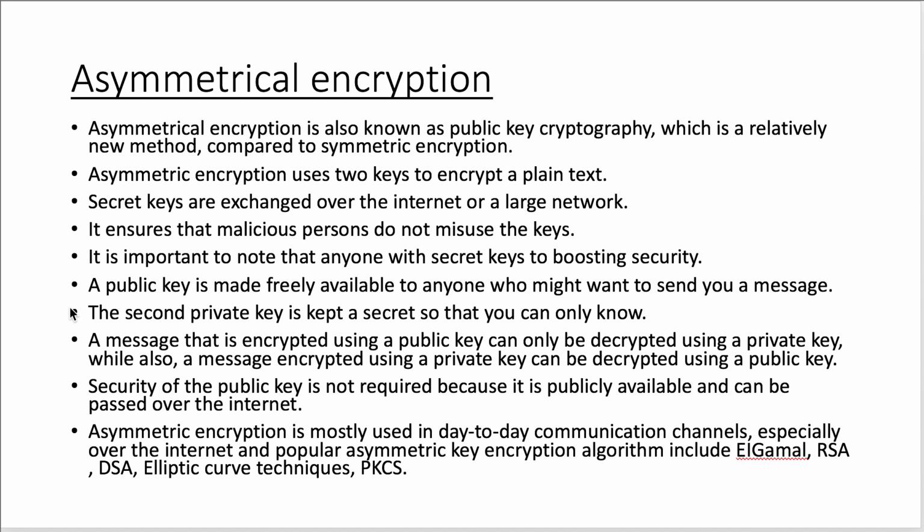A public key is made freely available to anyone who might want to send you a message. The second, the private key, is kept secret. A message that is encrypted using a public key can only be decrypted using a private key, as I already told you before in the diagram.